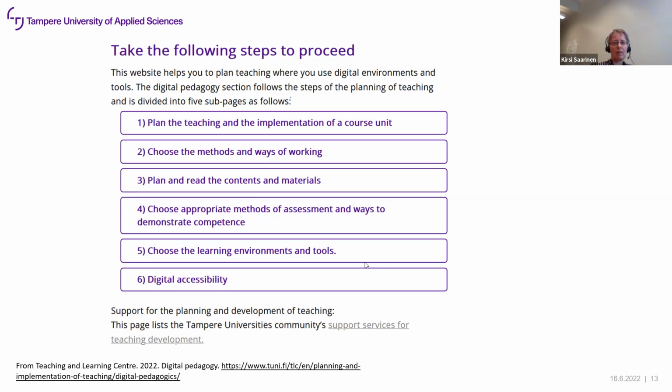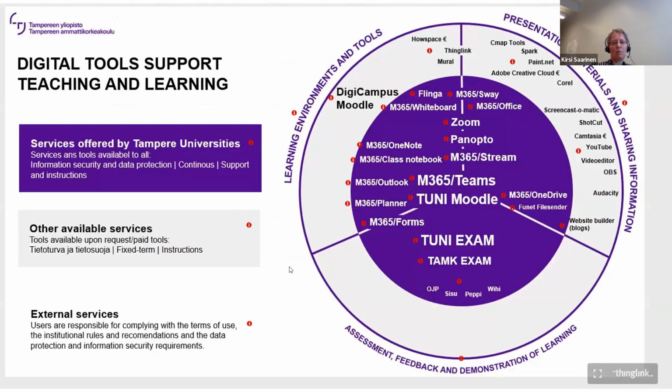And then finally, the last one, what is offered here at TAMK and in Tampere universities: services. In the middle, there are the ones which are available. There are quite many.